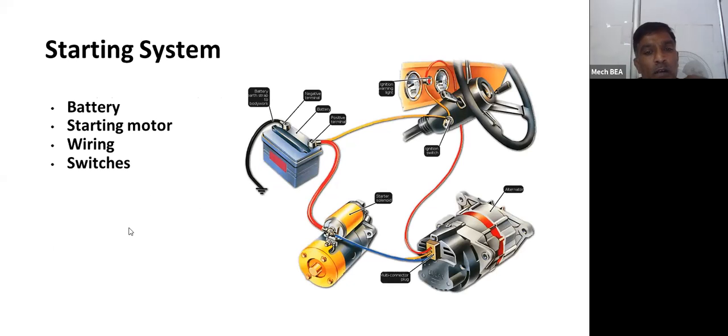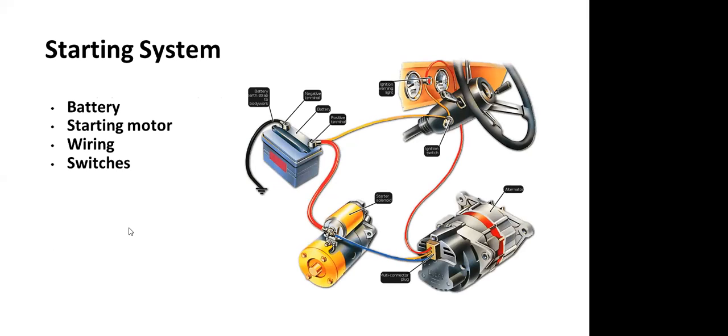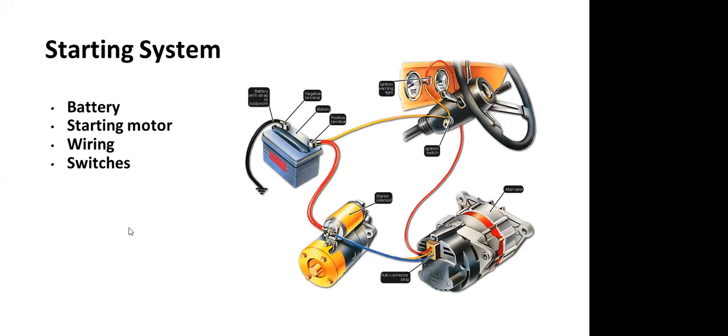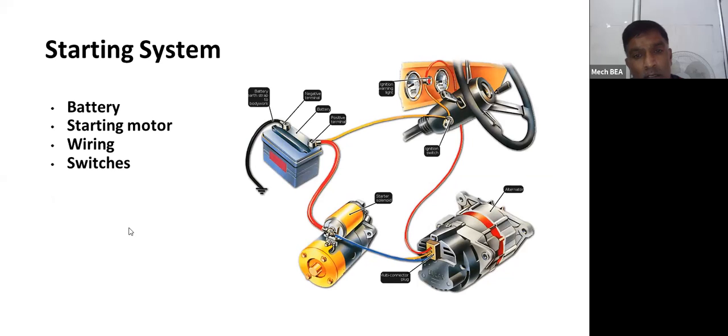Generally, whatever electrical system is required for the automobile, first we need to see what the need of the electrical system is. In a vehicle, there is one important component, that is the engine. We need to start the engine.